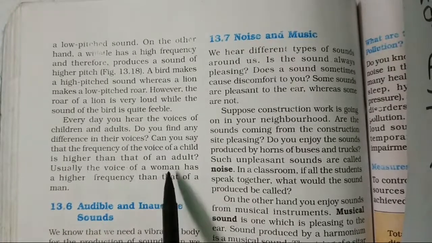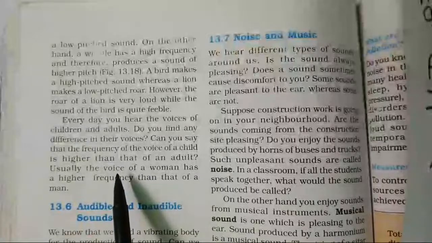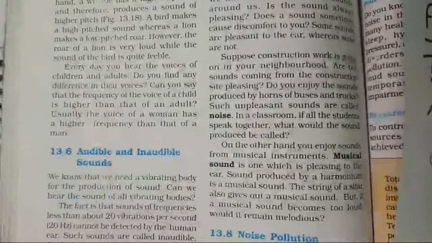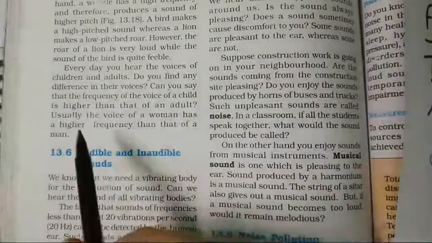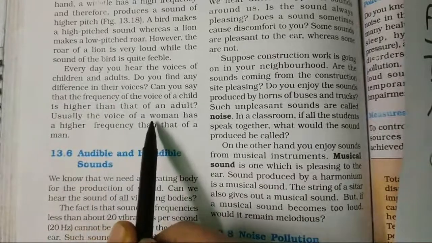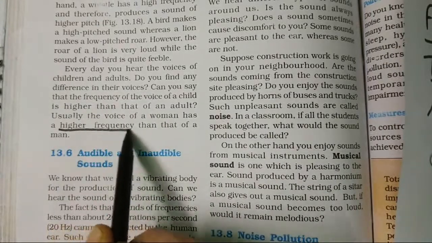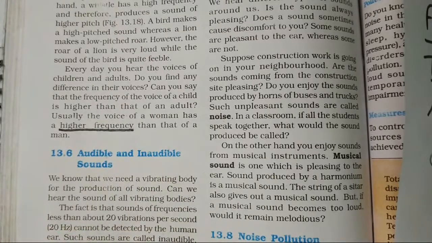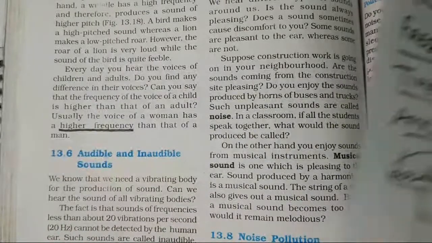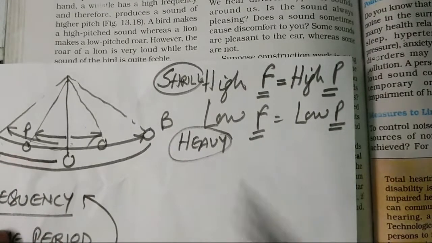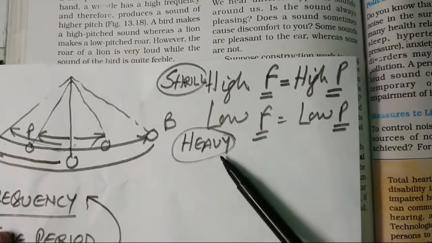It means the child has a high frequency sound, which is higher than the adult. Usually, the voice of a woman has a higher frequency than a man. So, this you can underline that women have high frequency sound, which means shrill sound, and men have low frequency sound compared to a lion.